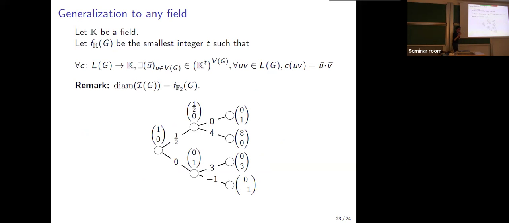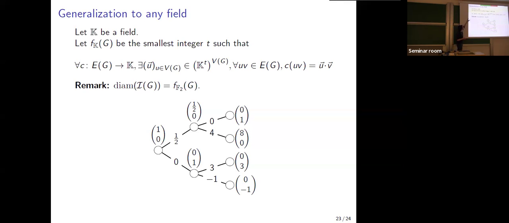Okay, and now to finish, a remark about some generalizations of this notion of inversion using this algebraic point of view and this definition of the inversion diameter. So now let K be an arbitrary field. For inversions, this will be F2, the field with two elements, but now we can look at it for any field.